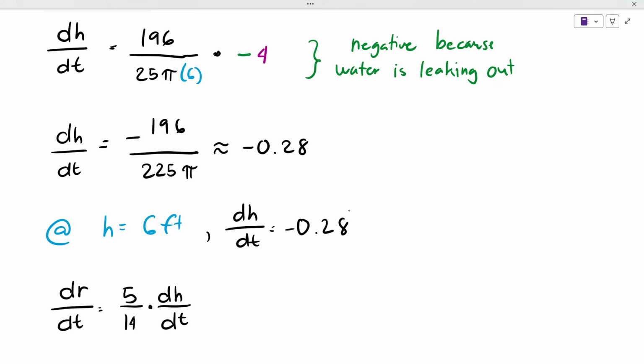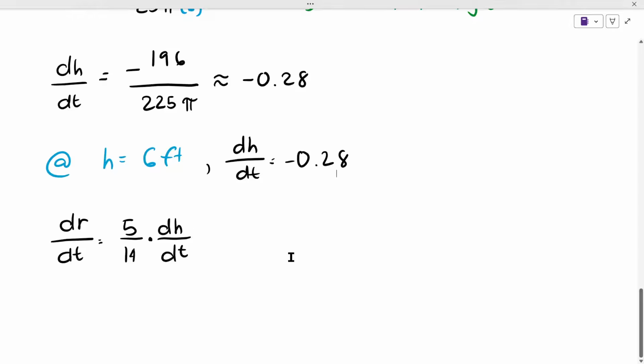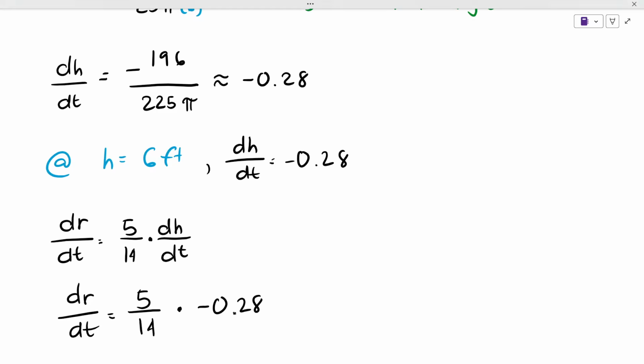And let's use this value here in our model equation. So dr over dt equals 5 over 14 times negative 0.28.